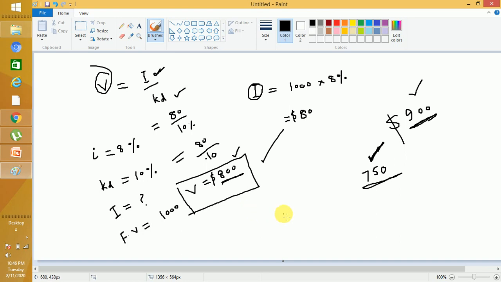It will make your decision easy. The actual value is $800, but in the market they are selling it for 750, so it is good to purchase it. After some time, this bond will again reach this level and you will be in profit.